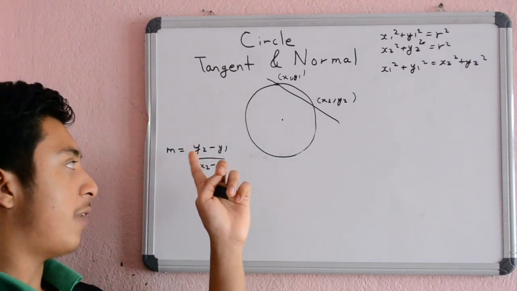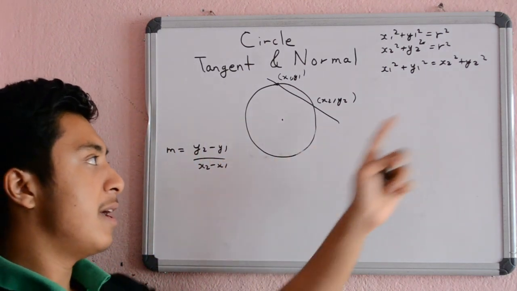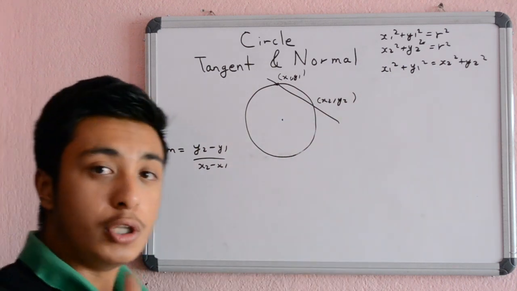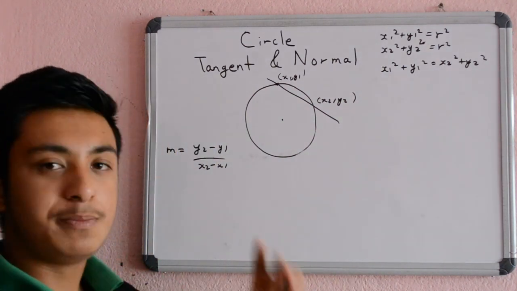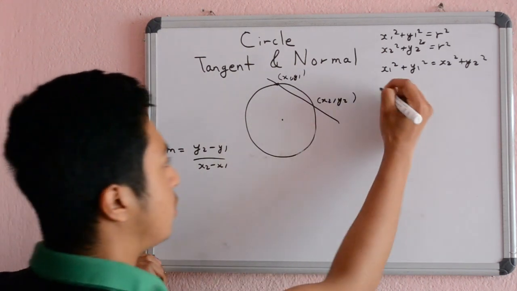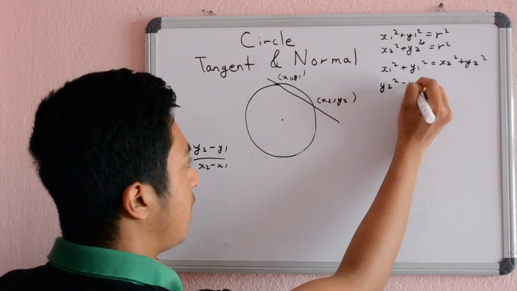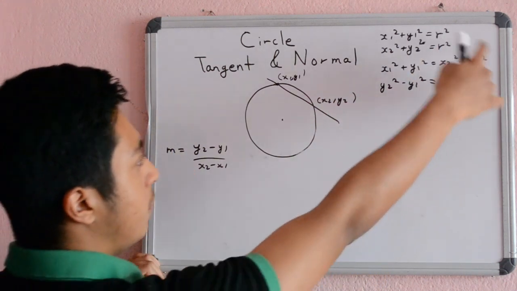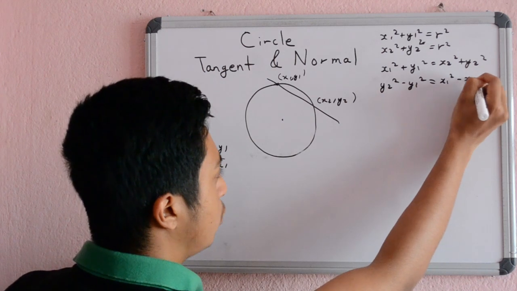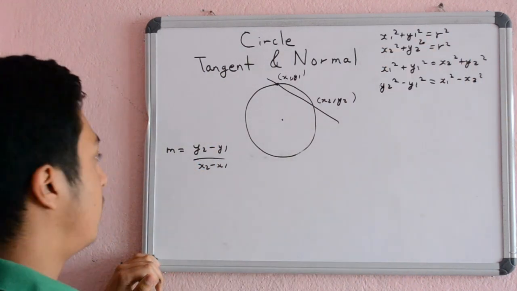Now we want to find y2 minus y1, and as you can see we have y2 squared and y1 squared, and we also know a squared minus b squared is a minus b times a plus b. So let's do some rearrangement. y2 squared minus y1 squared, moving that there, equals x1 squared minus x2 squared, moving that there.